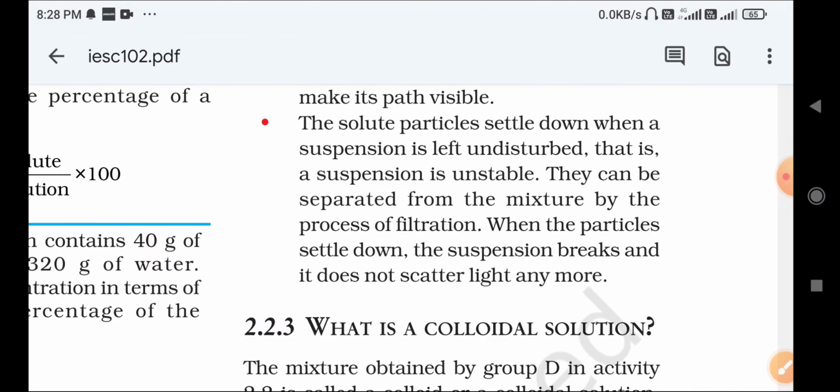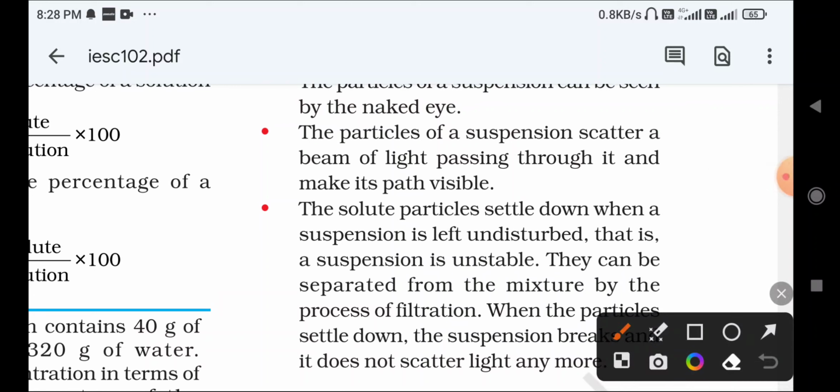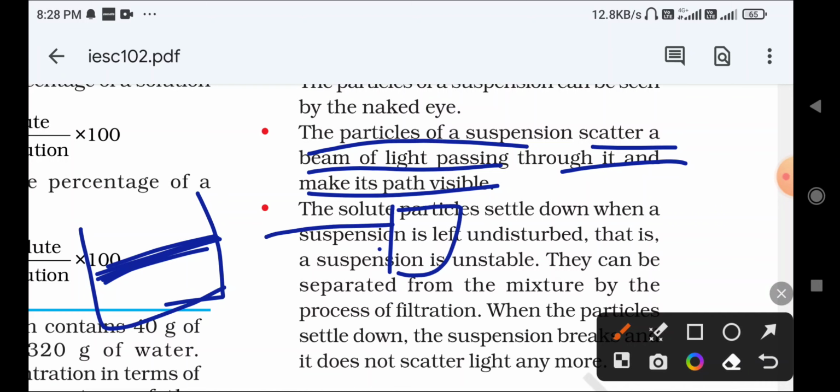Third point, the particles of suspension scatter a beam of light passing through it and make its path visible. When these particles are suspended, correct? When we are passing light through it, the path is visible to our naked eyes.